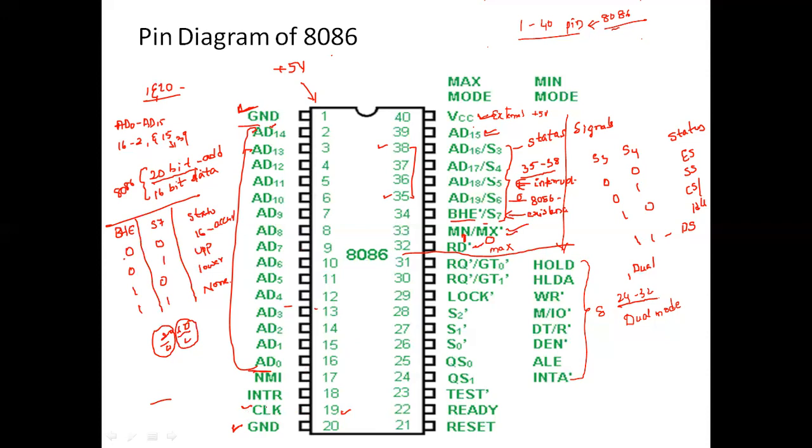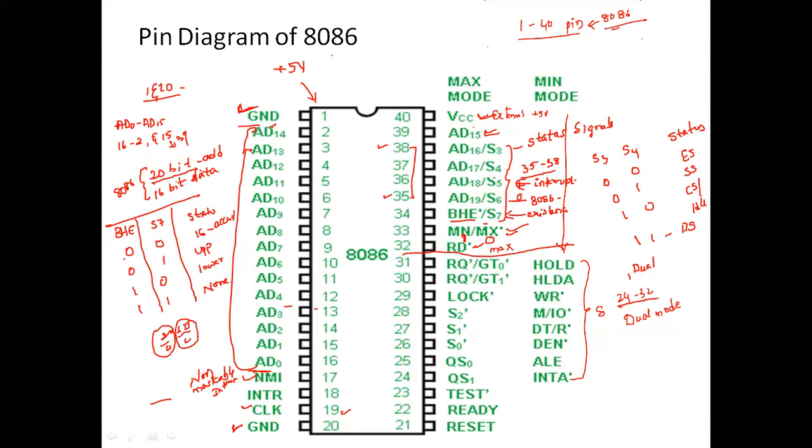And the next one is the NMI pin. This pin 17 is the NMI. NMI stands for non-maskable interrupt. These are basically uncontrollable interrupts, also generated inside the processor.